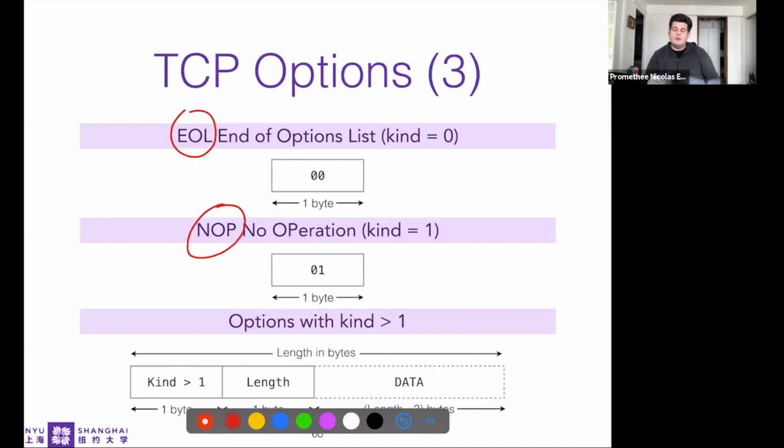So what do we need them for? This one is used in order to do the padding. Remember we said that if you don't have enough options to match the requirement of the 4 byte alignment, you may use padding. This one I'm going to show you in the example later. This is something that you place between 2 options to space them out enough, such that each option starts on a clean line.